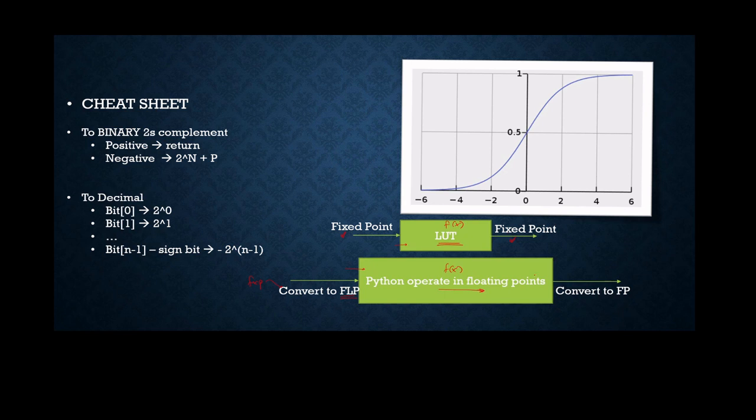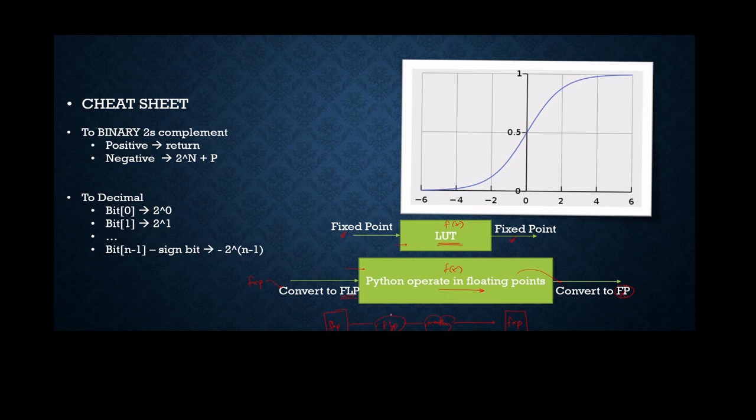And once we have the output f(x), we will finally chop off the extra precision and convert it back into fixed point, and that'll be our output. So in a sense, we take our fixed point number, convert it in the middle to floating point, do the math on it, and once the math is done, we convert it back to fixed point, and this process will give us our table.